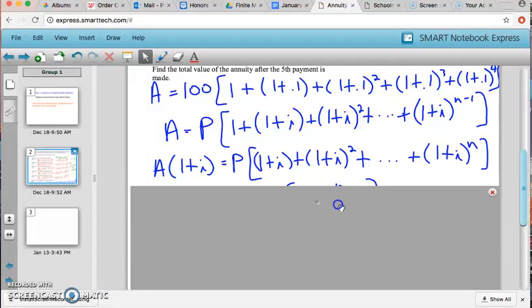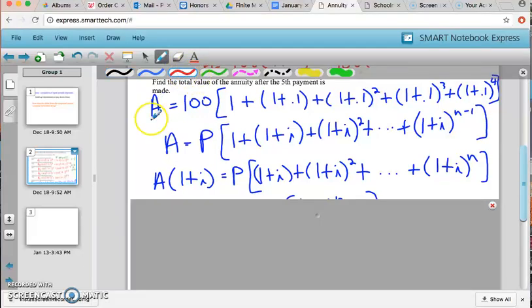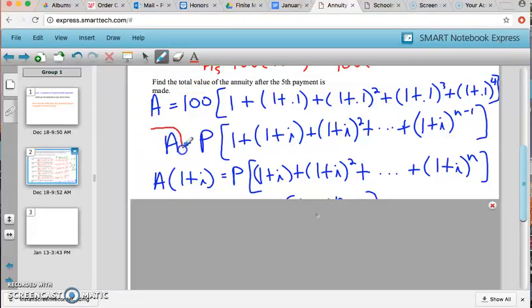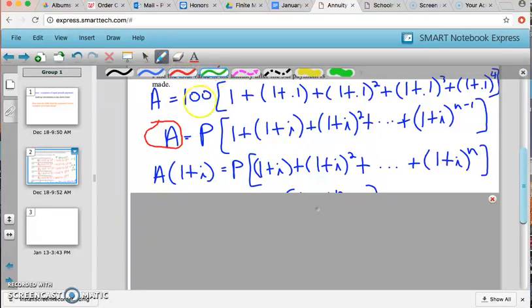Here's how we'll do it. We'll multiply both sides of this equation. Let me just circle the beginning. That's a little easier. Multiply both sides of this equation by the term 1 plus I. When we do that, we get what you see in this next equation here.